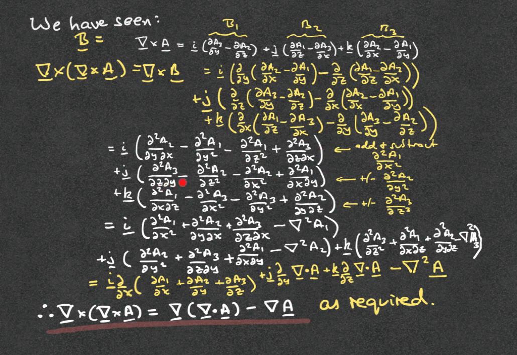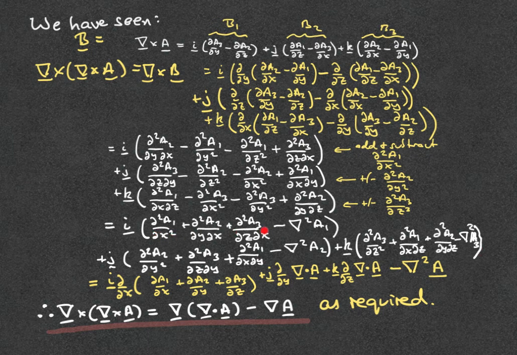And we did essentially the same thing here and here. It's just the terms that we add and subtract are different in each of these sets of brackets. I then wrote down the positive terms in each case, and subtracted the Laplacian acting on A1, A2, and A3.